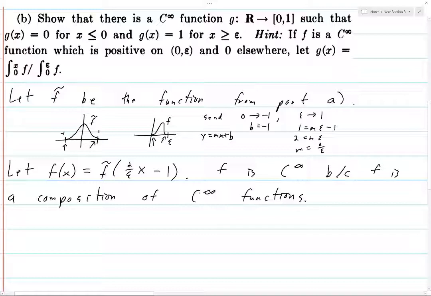You can prove that yourself using the chain rule if you want to. But again, f tilde is C infinity because we proved that in part A. And this thing on the inside here, this is f tilde applied to a linear function of x. So this linear function of x is linear, and therefore it's C infinity. So that's why f is C infinity.